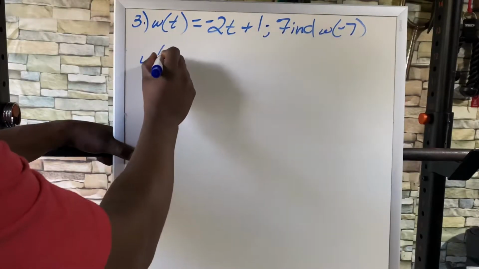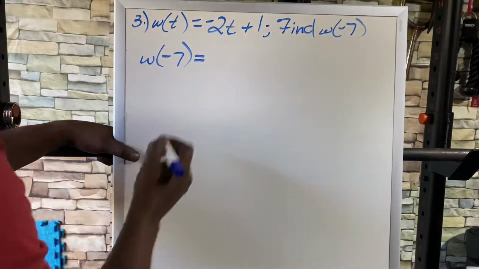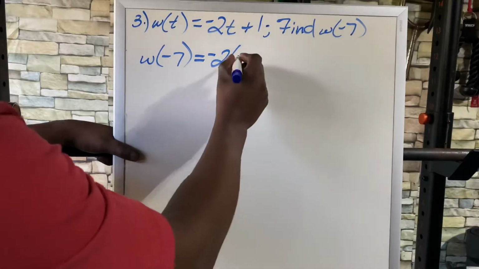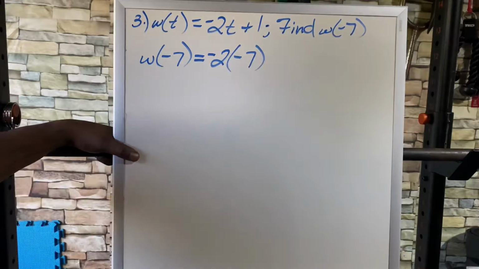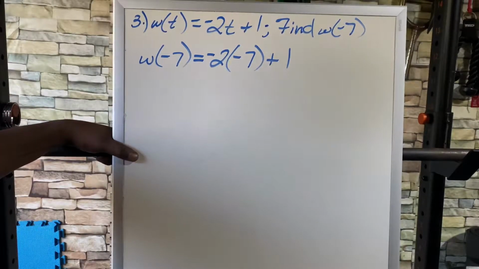W of negative 7 equals negative 2 times negative 7 plus 1. Once again, we use order of operations.